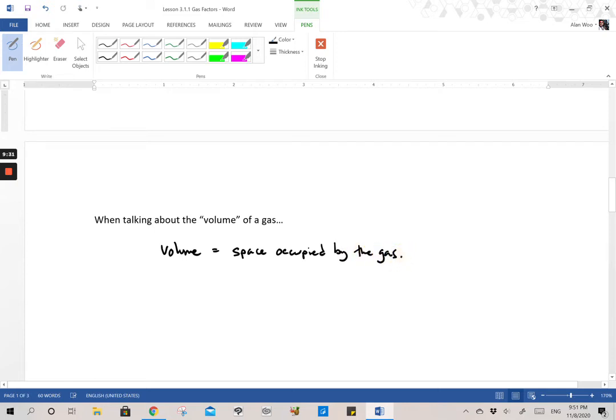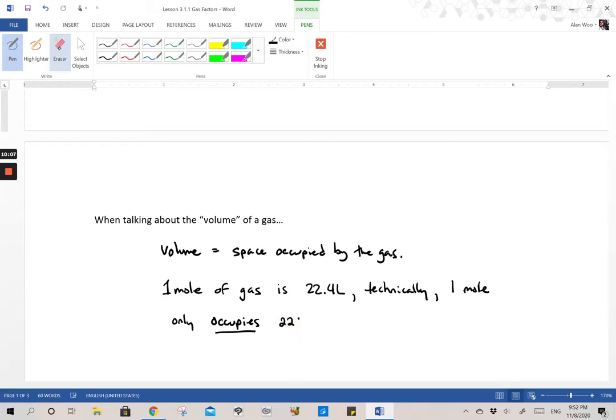Okay, so when we say 1 mole of gas is 22.4 liters, technically one mole only occupies 22.4 liters of space.